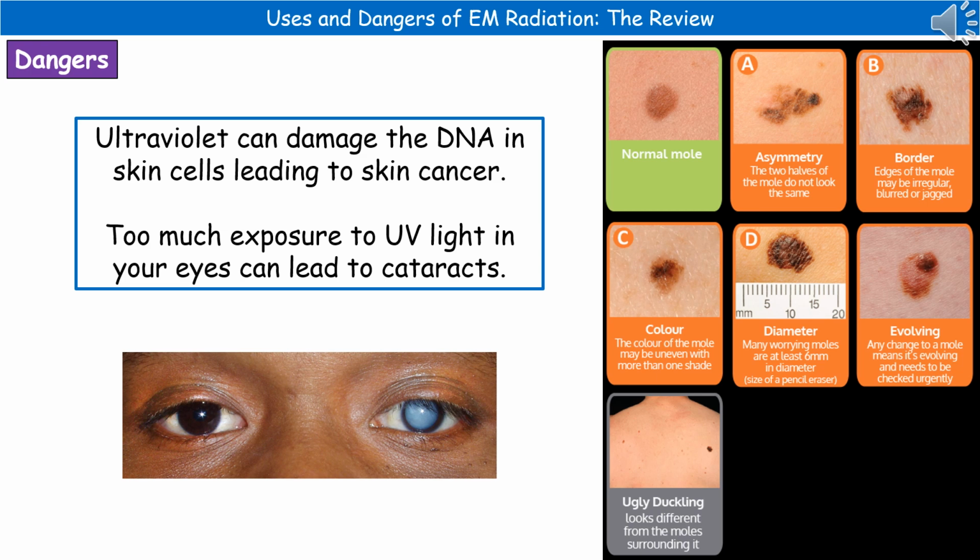Hence why you should always wear sun creams when you're outside for any extended period of time or in any intense light. The second thing with the exposure to ultraviolet is that if you're exposed to too much, then your eyes can actually develop cataracts. So again, really important to wear proper sunglasses with ultraviolet protection in them when you are spending time in these areas of the world that do have quite intense ultraviolet rays.